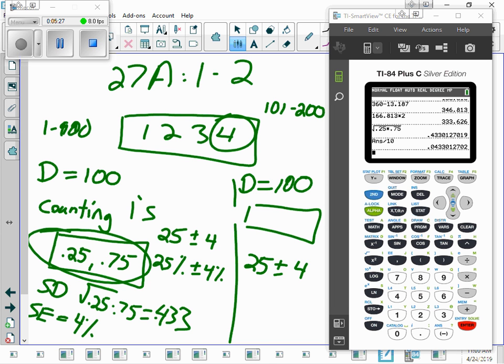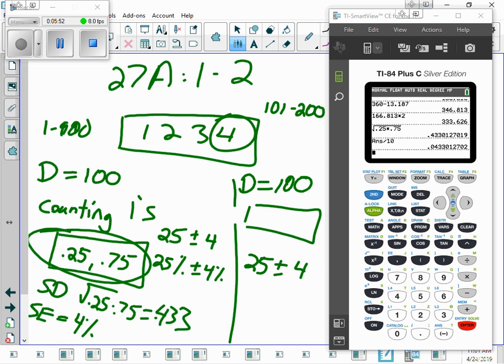So what's the difference? So what we're going to do is take the number of 1s that I get. I'm expected to get 25 1s. And if you are counting 4s, you expect to get 25 4s. So what is the difference between my 1s and your 4s?